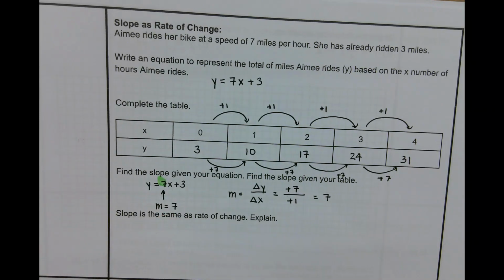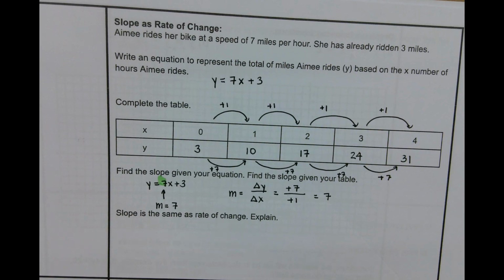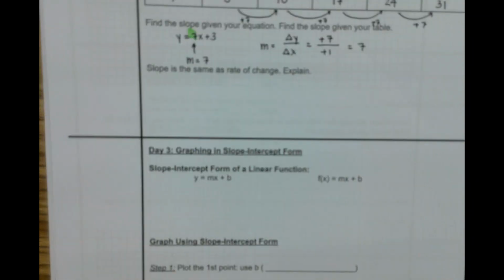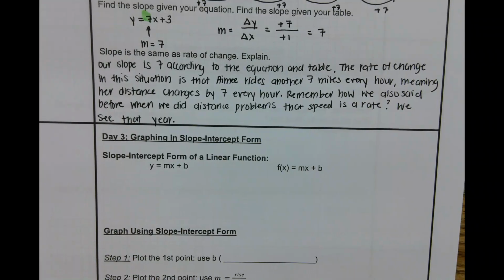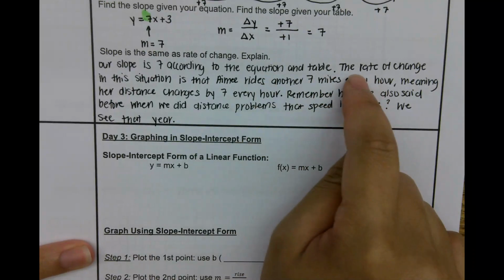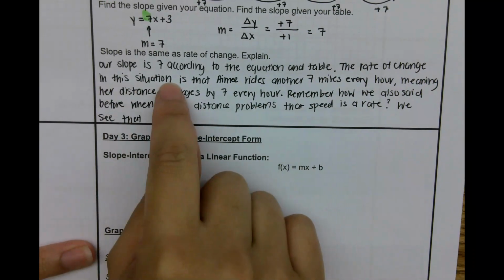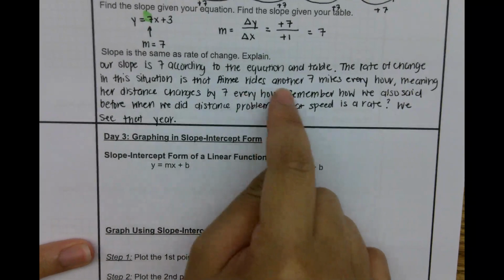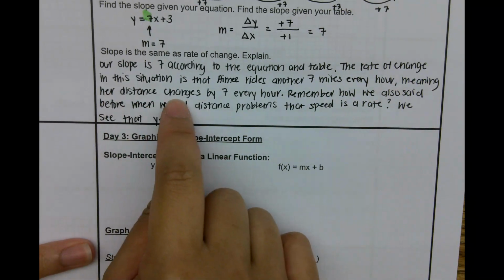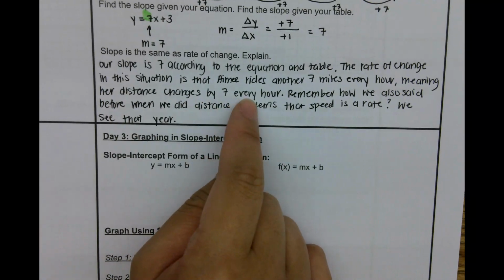Okay. So what does it mean as slope is the rate of change? Okay, so our slope is 7 according to the equation and our table. The rate of change that we see in this situation is that Amy rides another 7 miles every hour, meaning her distance changes by 7 after every hour that passes.